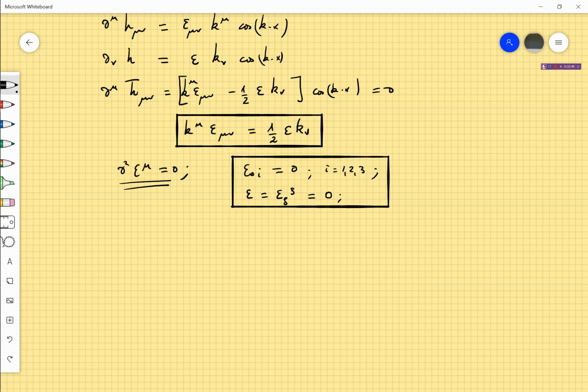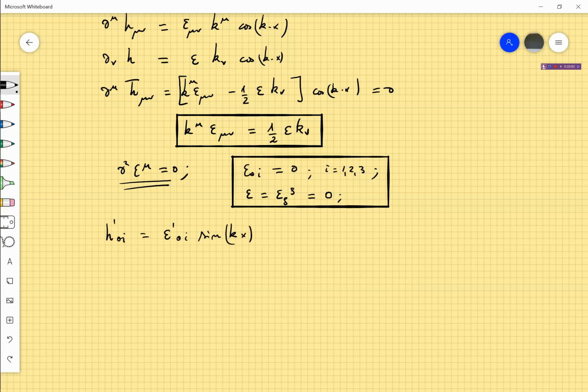So this condition is evidently tied to h prime 0 i. What you want is that after performing a gauge transformation, epsilon prime 0 i will be 0.